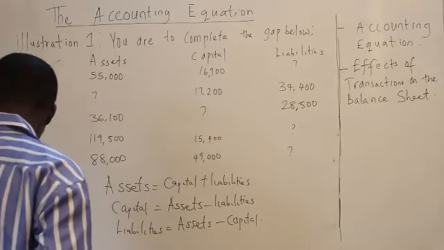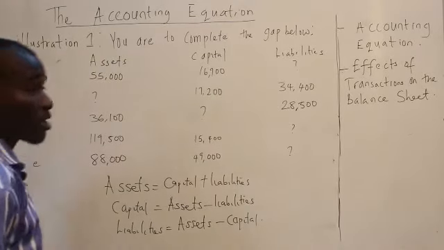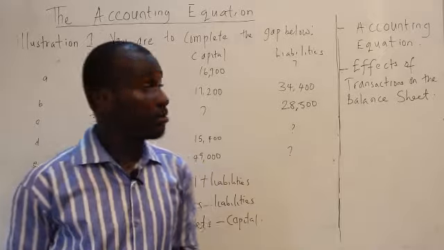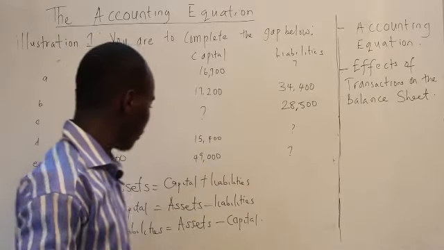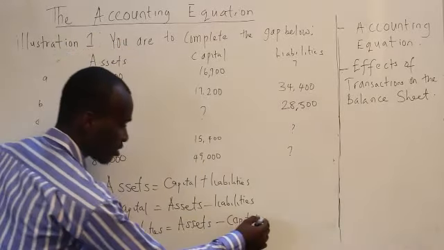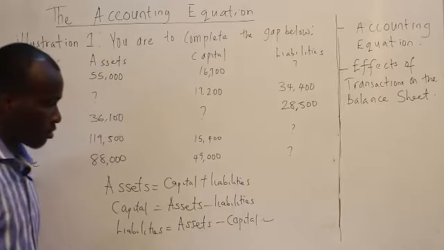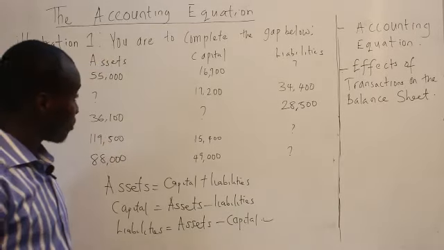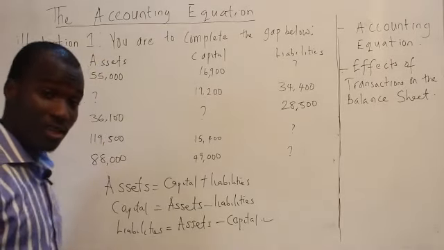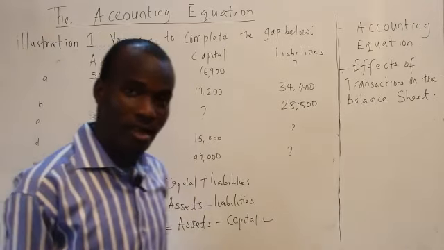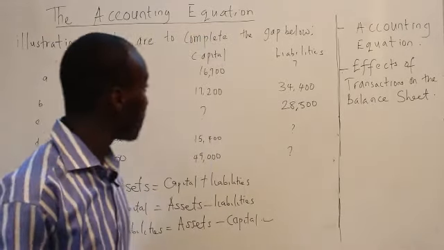So in the first illustration, we are asked to find the liabilities. So we have to use this equation. That is, liabilities is assets minus the capital.